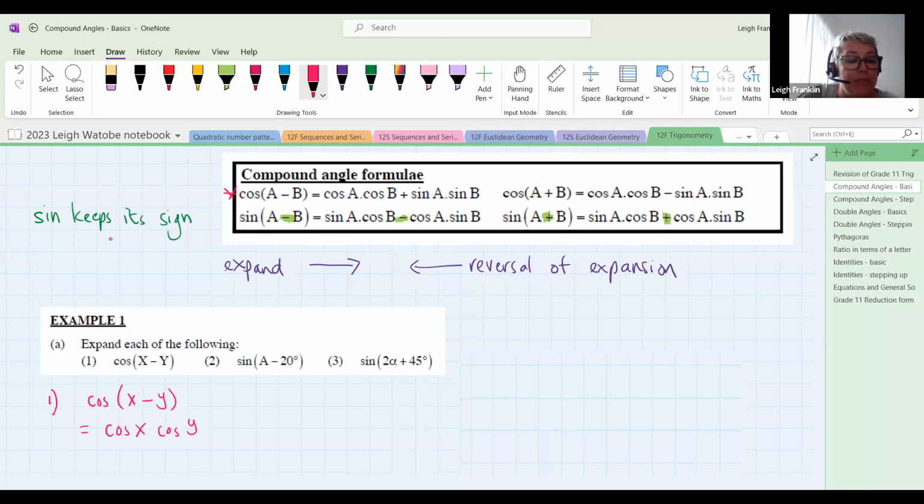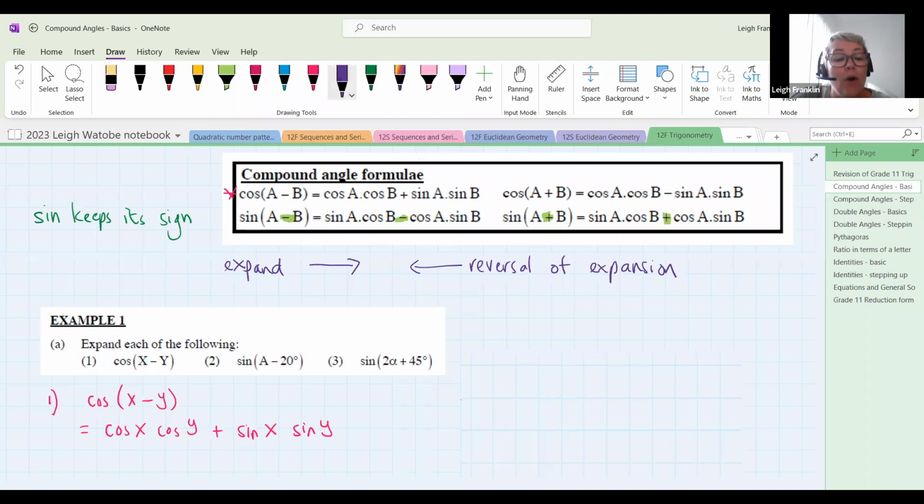Cos doesn't keep its sign, so this will be plus, and this will be sine x sine y. And that's all we're doing in the beginning. We'll see later on where we apply these and how we use them, but in the beginning, we just want to become comfortable with applying the expansion and recognizing the formulae.